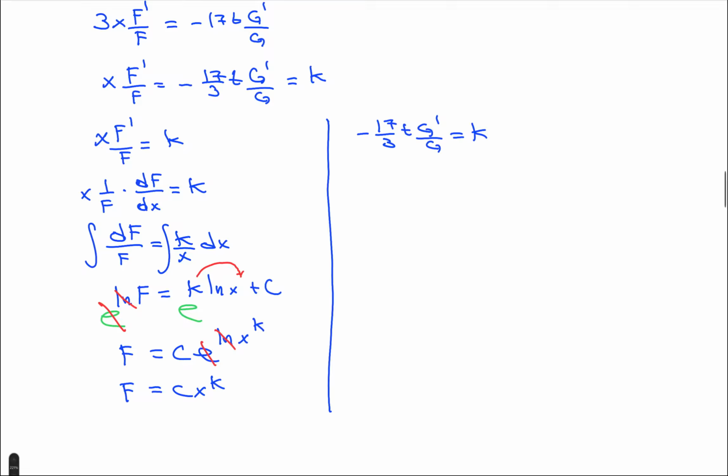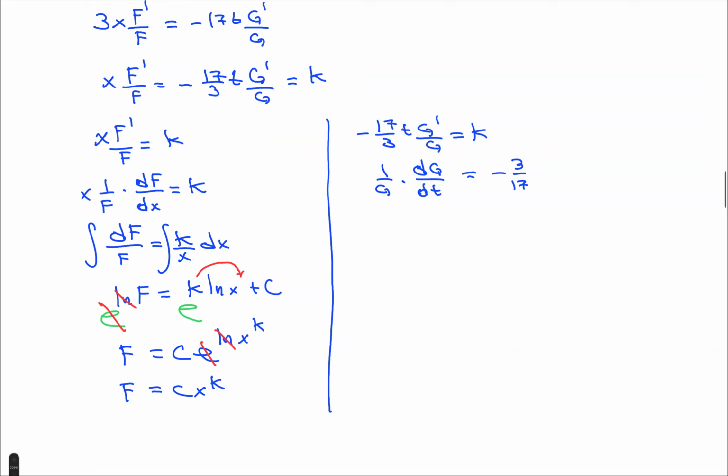So that's going to leave us with 1 over g times g prime, which is really dg dt. Again, recall that g is a function of t. Then I'm going to multiply by the reciprocal of negative 17 over 3, which is negative 3 over 17.